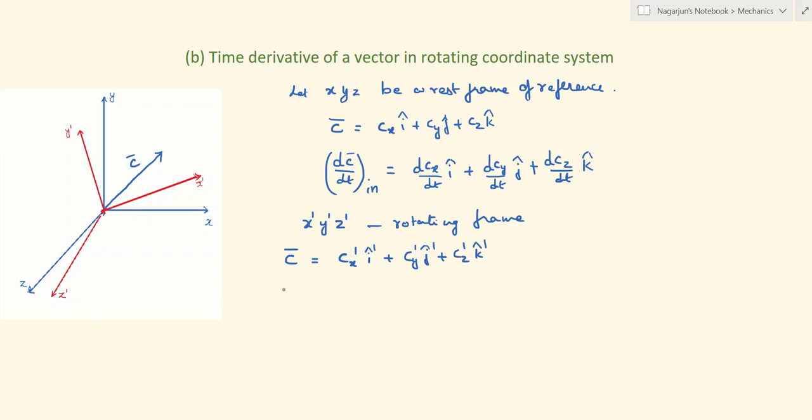Now, let us again express the time derivative of this vector.